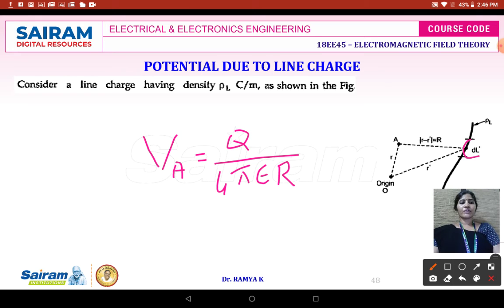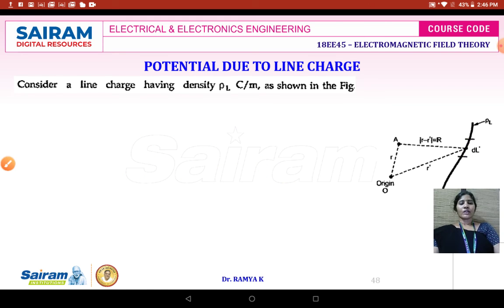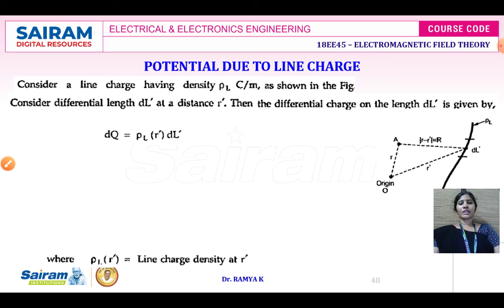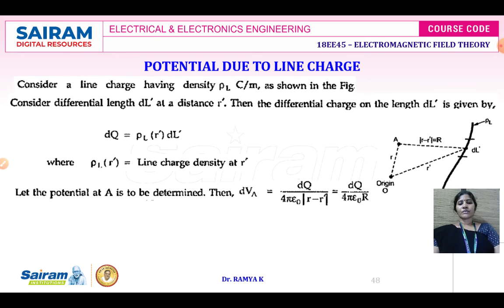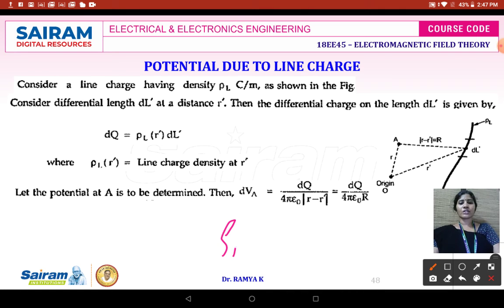Since we have assumed a differential elemental length, the charge is going to be differential and hence the voltage will also be differential. Therefore, we can write the formula as dVA is equal to dQ divided by 4 pi epsilon R minus R', which is nothing but capital R. dQ is equal to rho L into dl, from the definition of line charge density, Q divided by L. If you assume a differential elemental length, the charge distribution is going to be differential.